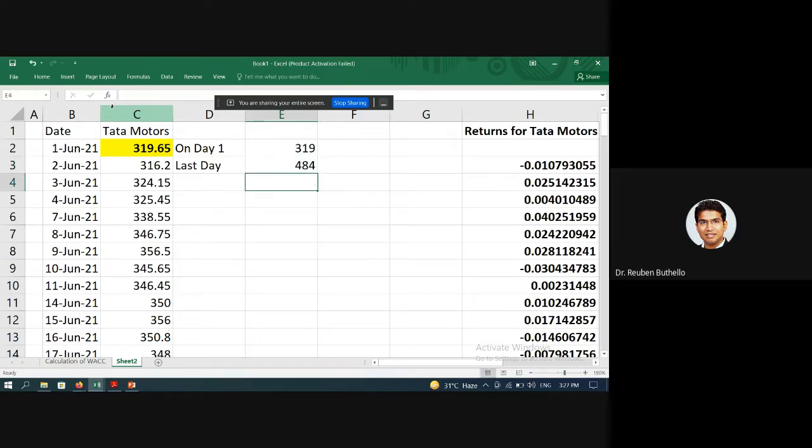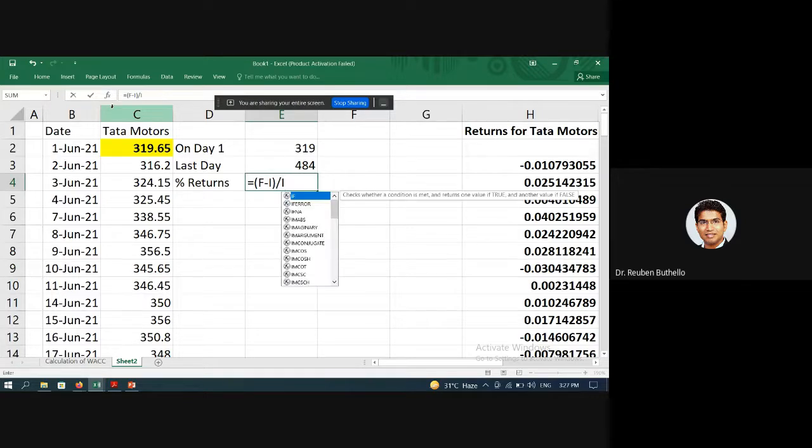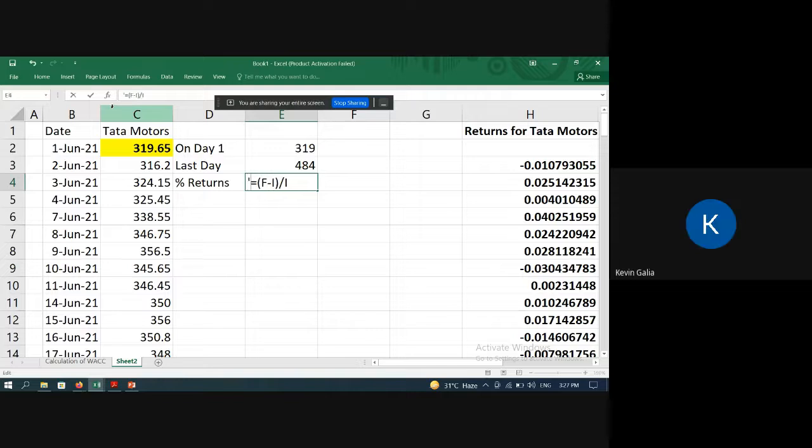Okay. If I take percentage returns, how much is this? This is equal to final minus initial divided by initial. Yes or no? So if I put the figures, I get 484 divided by 319, minus 1.